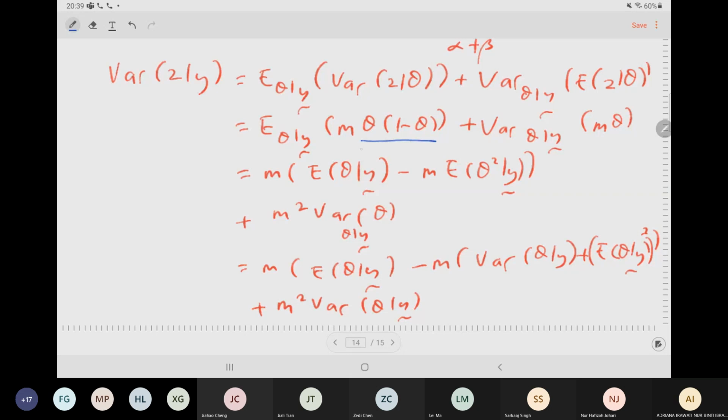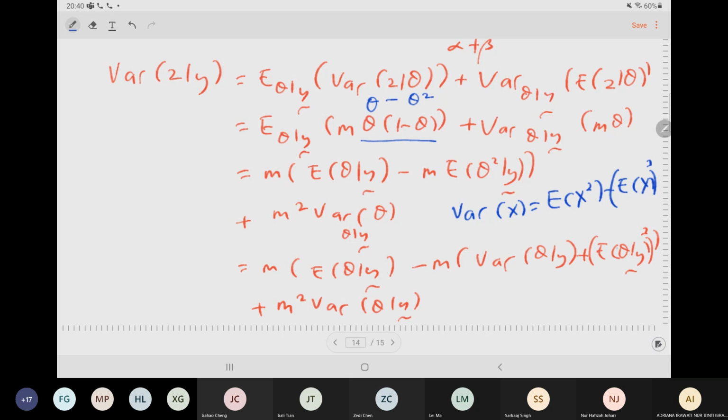You have theta here, so this is actually going to be theta minus theta squared. That's why you get the expectation of theta minus the expectation of theta squared, separately. The expectation of theta is fine, but the expectation of theta squared is not there. So you use this identity: the variance of x is the expectation of x squared minus the expectation of x, squared. That's why the expectation of theta squared is the variance of theta plus the expectation of theta, squared. So that's how you get it.